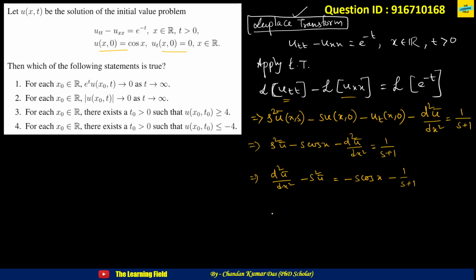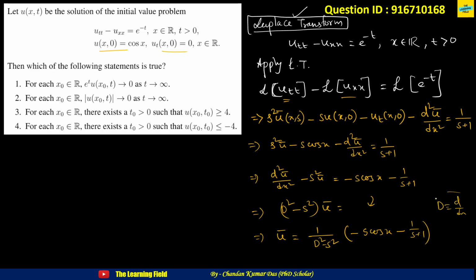This means (D square minus s square) u bar is equal to the same thing, so u bar equals 1 over (D square minus s square) of (minus s cos x minus 1 by s plus 1), where D stands for d dx. That means this operates only on the x variable, and s is treated as a constant here.